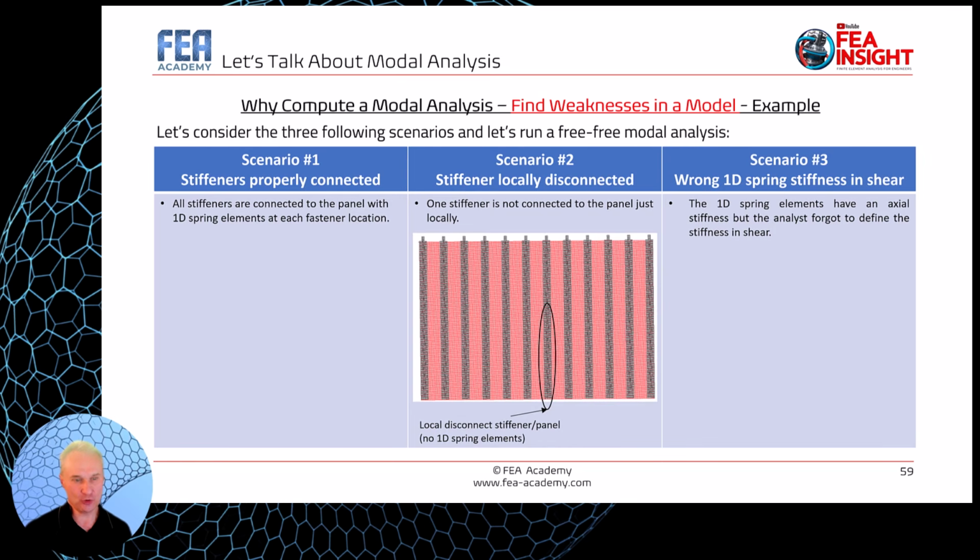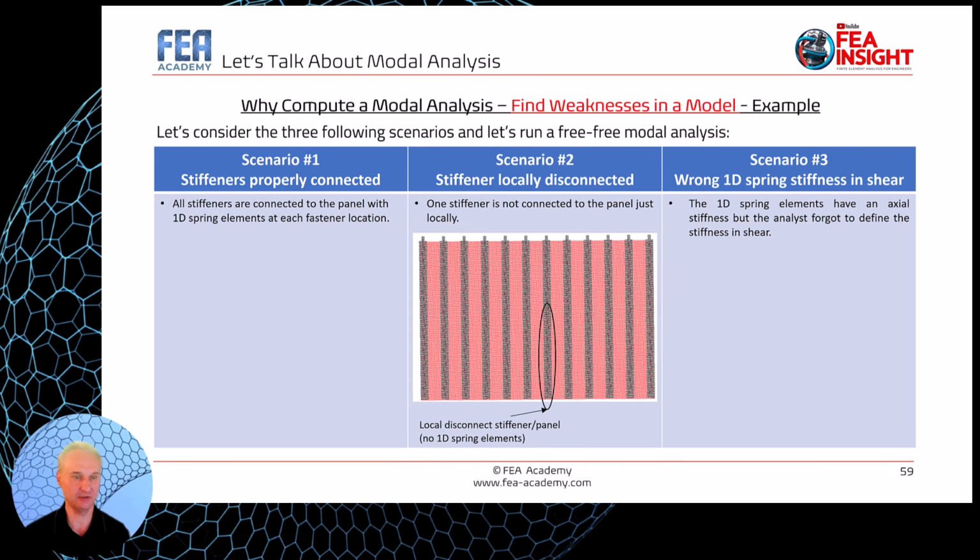To show you the power of the solution, I generated 3 scenarios. The first scenario is when the stiffeners are properly connected. By that I mean all the stiffeners are connected to the panel with a 1D spring element at each fastener location, with the proper stiffness in shear and axial. This is the first scenario.